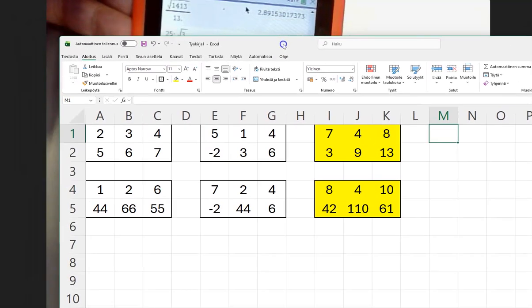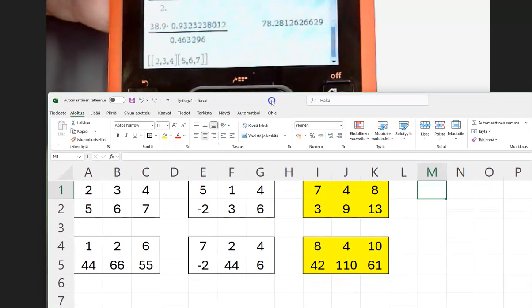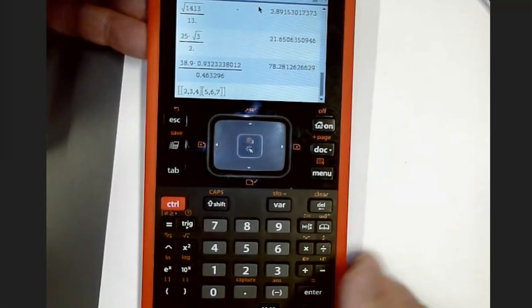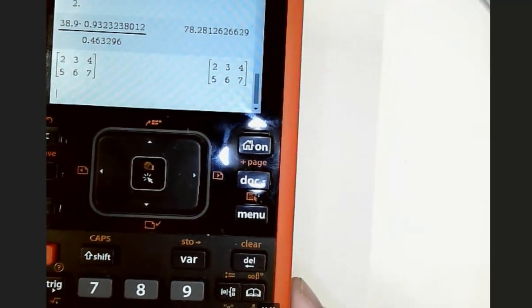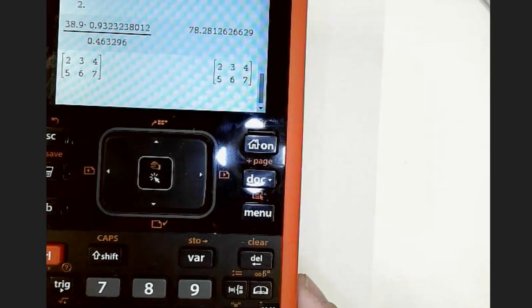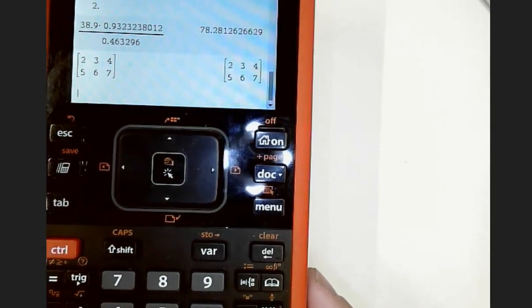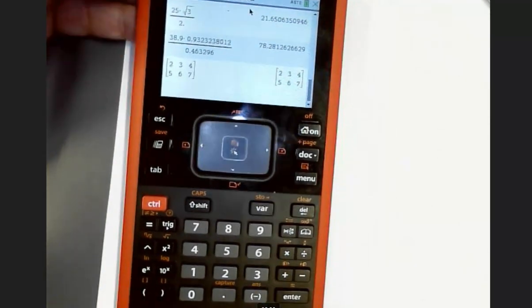I will show that from Excel. In the upper left corner, it is the same matrix that I have in this calculator. If I now press enter, you can see that it changed that to a matrix, even though I didn't write it like that, but it understood that it was a matrix. And then I will do the same with another matrix.